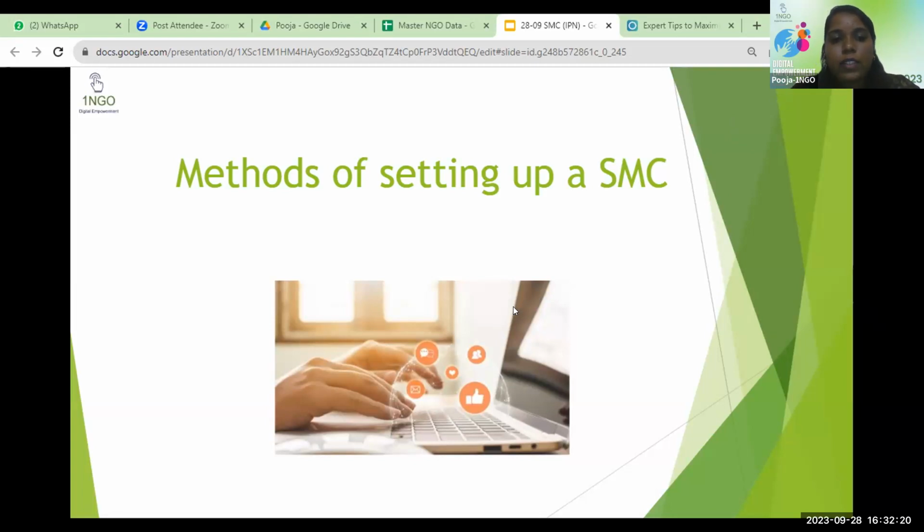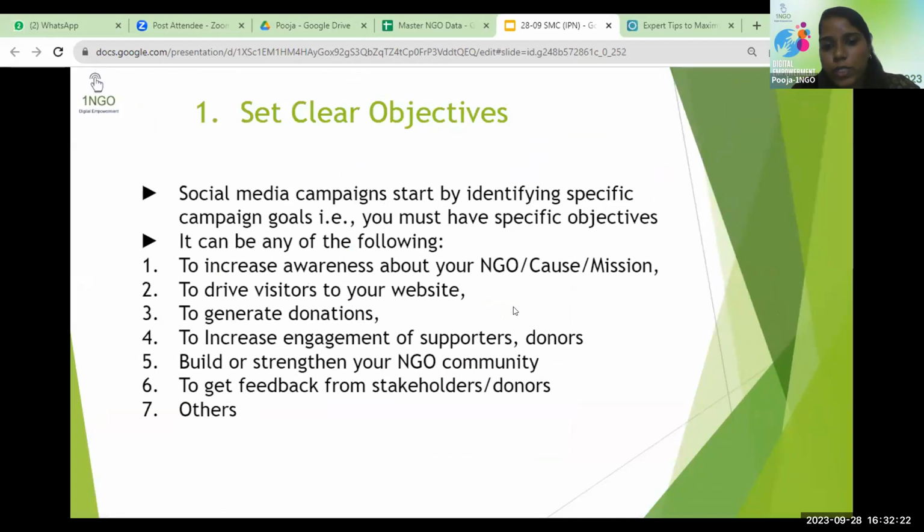The first step is to set clear objectives. Before you actually start the campaign, identify the objective that you would like to achieve at the end of this campaign. For example, are you launching this campaign to create awareness about your NGO or the mission that you work for? Or are you trying to make the audience visit your website and drive traffic to that?